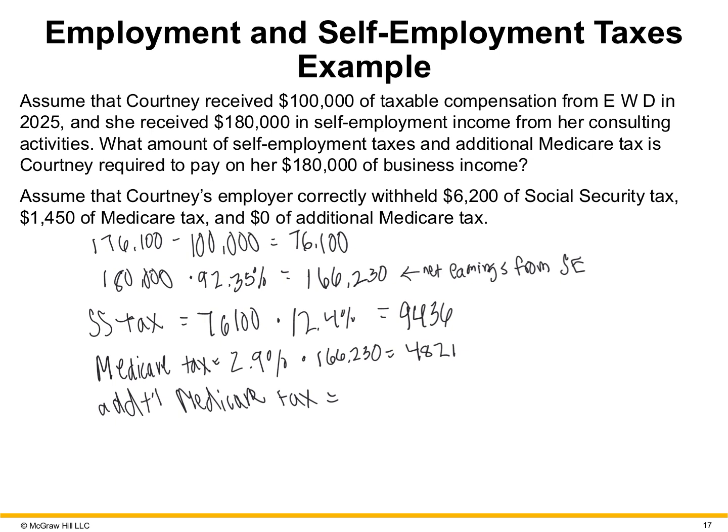The compensation was $100,000 because that was the amount from EWD. And then we want to add the net earnings from self-employment of 166,230. And that gets us $266,230 there.